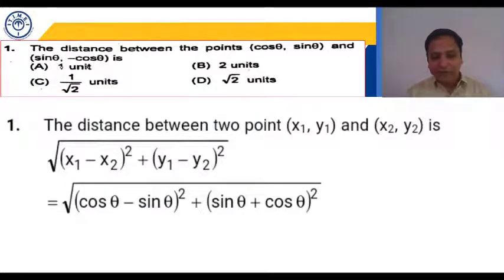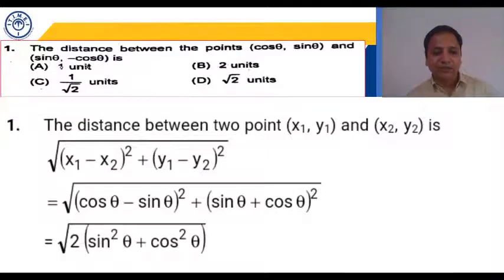When we expand this, it becomes cos square theta plus sin square theta minus 2 sin theta cos theta, and the second bracket gives sin square theta plus cos square theta plus 2 sin theta cos theta. Now the 2ab parts, that is minus 2 sin theta cos theta and plus 2 sin theta cos theta, will cancel out.